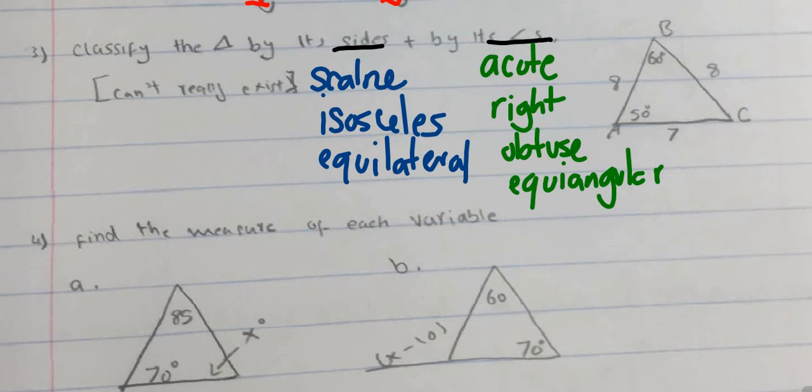Okay, now in order to do this, first thing we need to do is find the measure of this last angle. So you see right here, this is 60 degrees, this is 50 degrees. We're going to call this X. And we know that the 3 angles of a triangle must add up to 180 degrees. So I'm going to set up this equation here. 60 degrees plus 50 degrees plus unknown degrees equals 180.